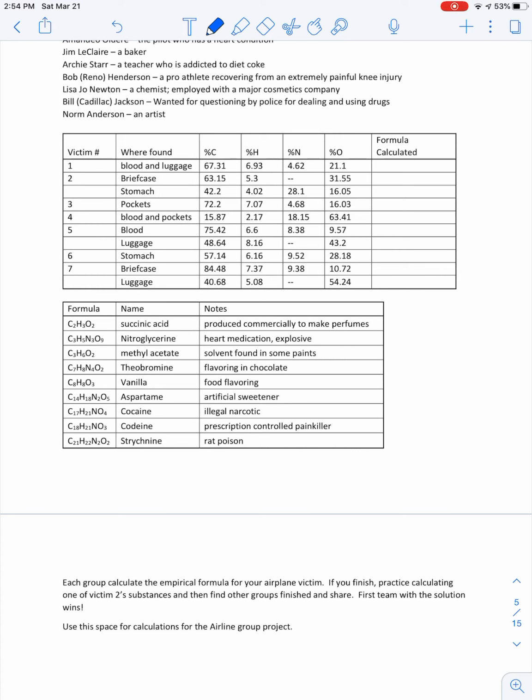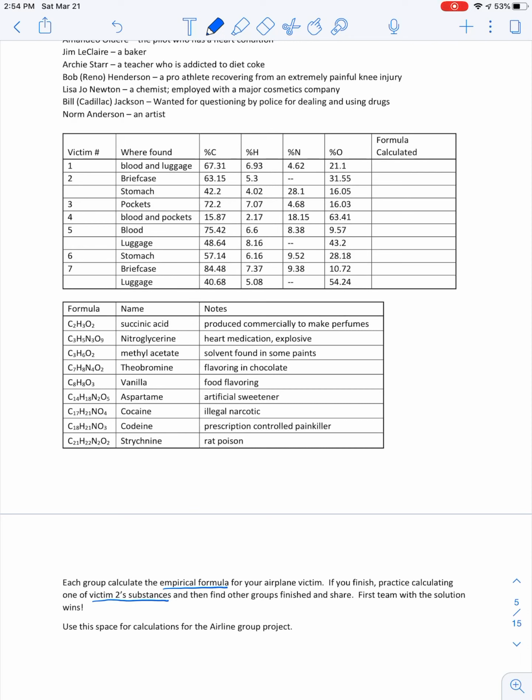The way I would do this in class, I actually have the instructions right here, is I would split the group into somewhere between 7 and 10 groups. I'd give each group time to calculate their victim's empirical formula from the percent compositions.